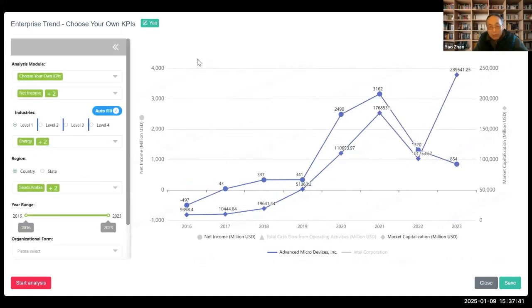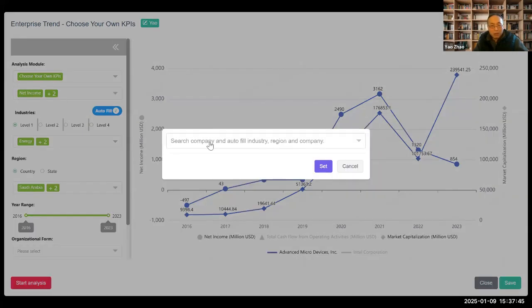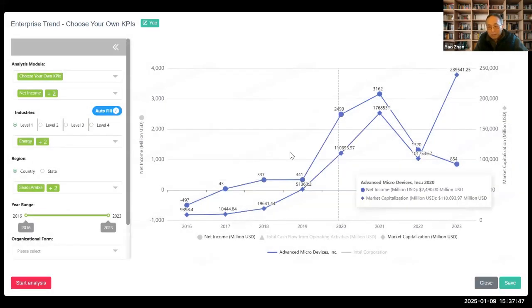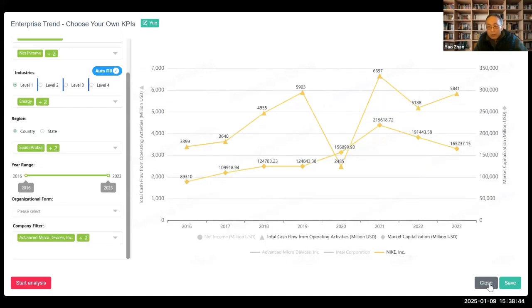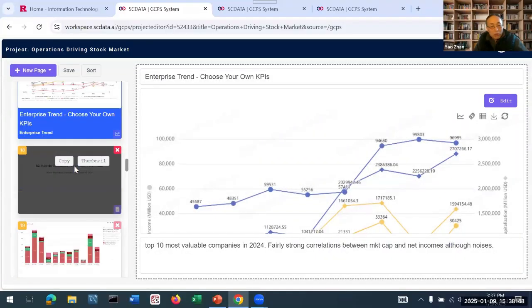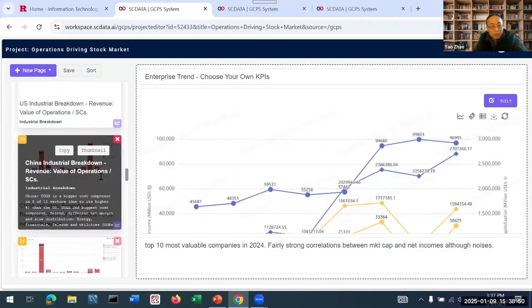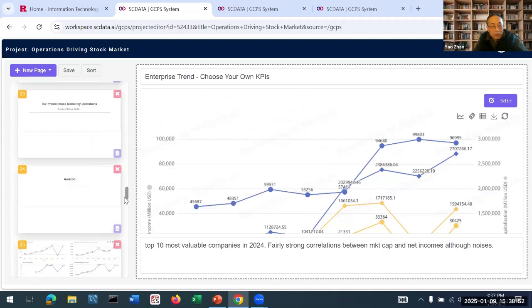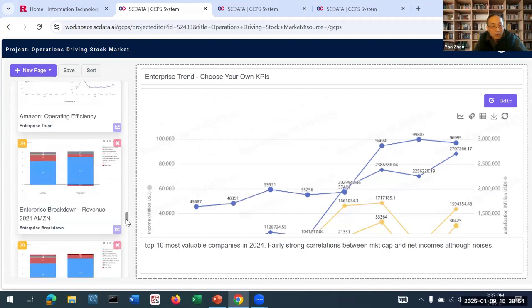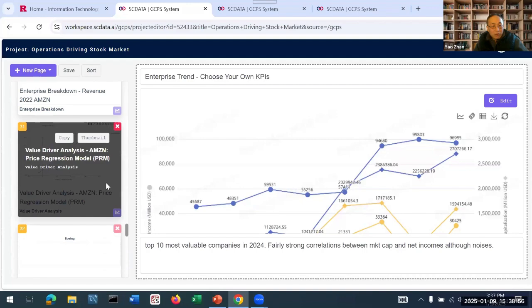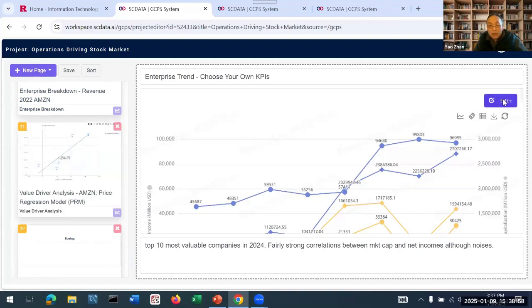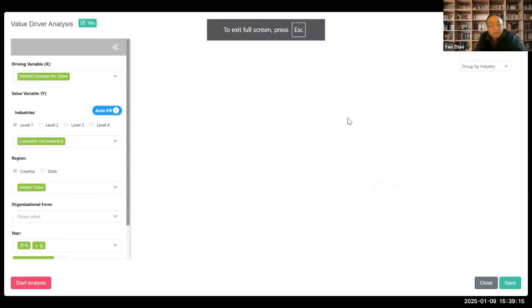Any other companies you're interested in? Just use autofill; you can type in the company's name and so on. Now you can also build a regression model between the stock price and their financials.